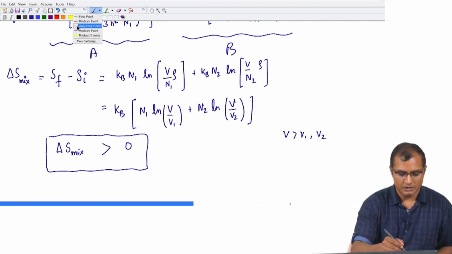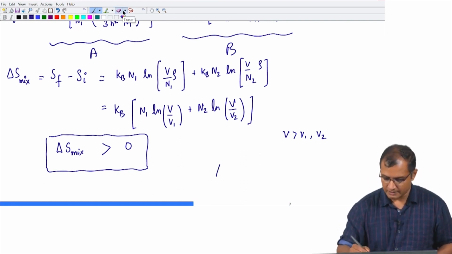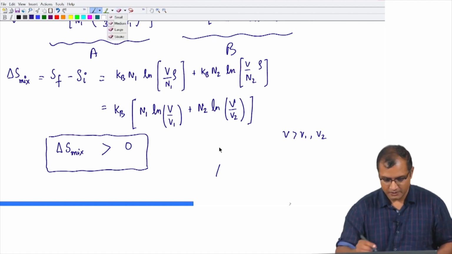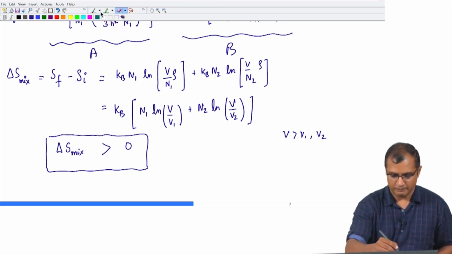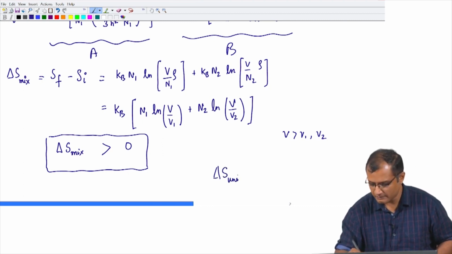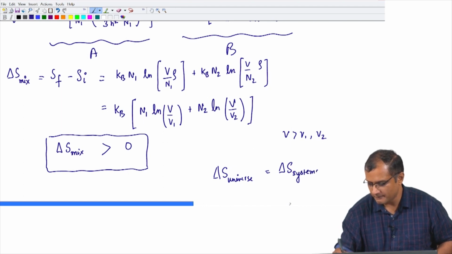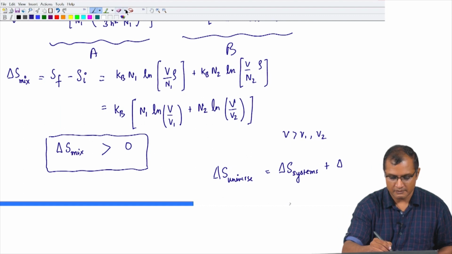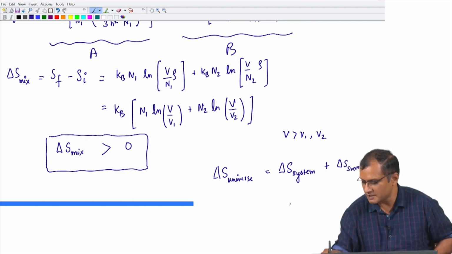So, if you want to understand what is meant by this argument, I can say that the change in entropy of the universe is nothing but the change in entropy of the system plus change in entropy of the surrounding. Now, nothing happened to the surrounding, it is basically shielded.